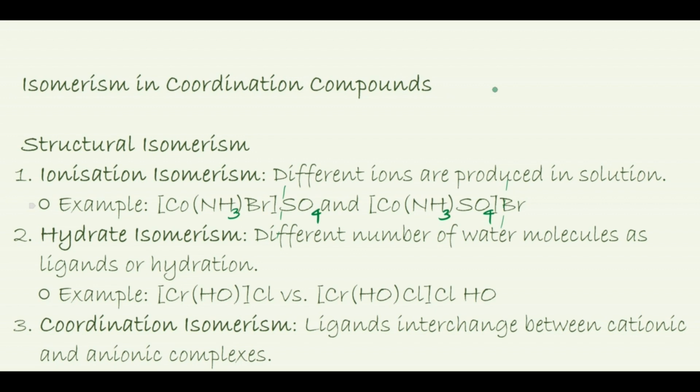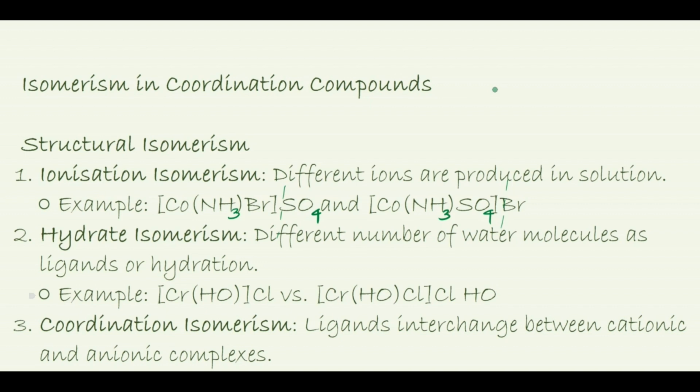Sulfate and then its corresponding coordination sphere complex. So if the ions present outside the coordination sphere change, then that belongs to ionization isomerism. Okay. Then the next one is hydrate isomerism, where the number of water molecules as the ligand changes.